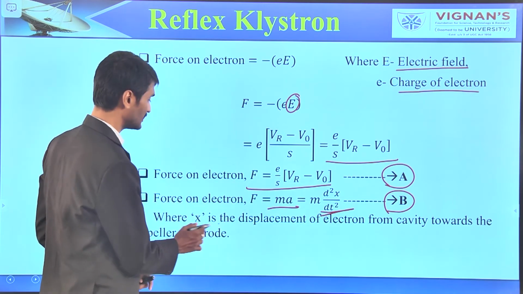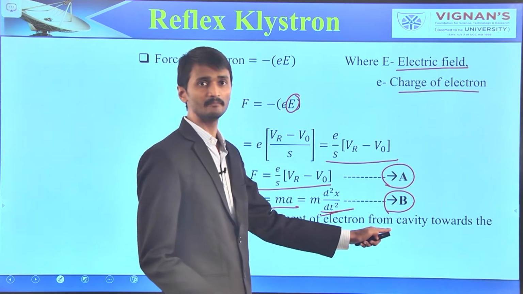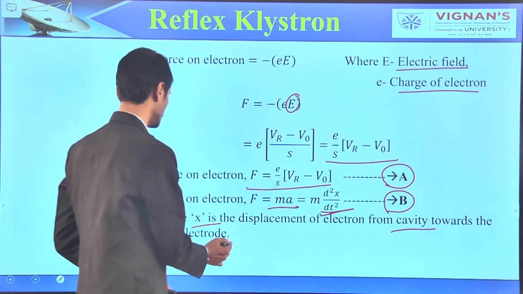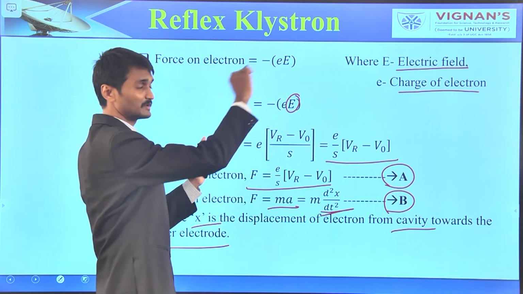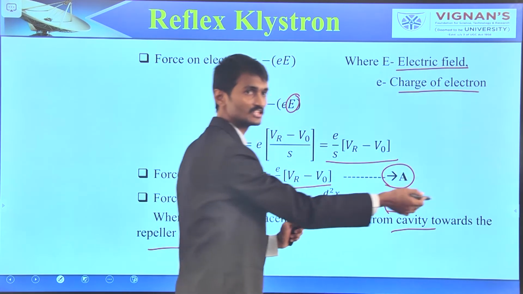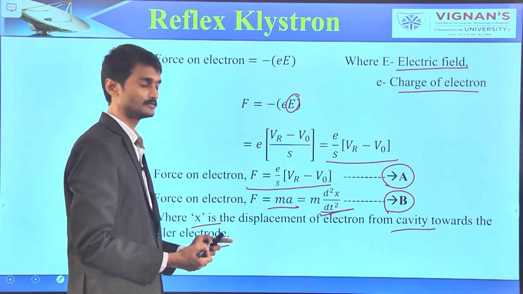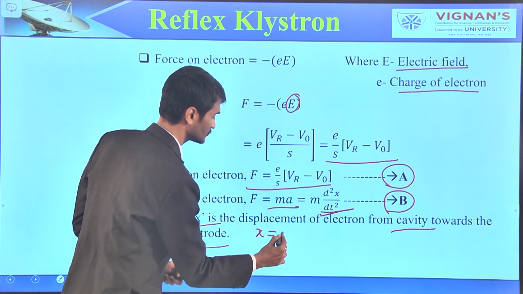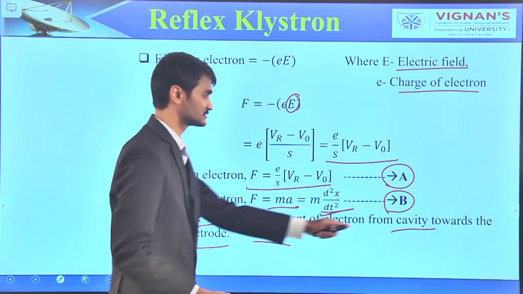Here x is the displacement of the electron from the anode cavity towards the repeller electrode. Please remember, this is very important: x equals 0 when the electron is at the anode cavity.